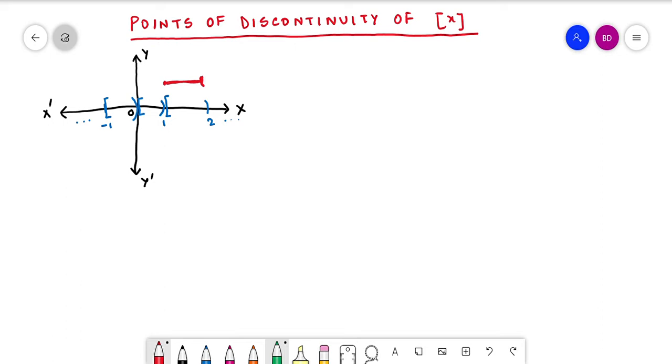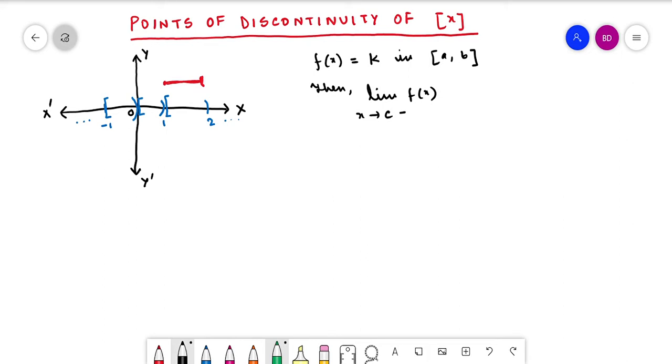One important concept we will need to calculate the discontinuity of box x. I hope you remember this, that if you have a constant function, say a function f(x) has a constant value k in some interval (a, b), then if I want to calculate the left hand limit of the function as x tends to c from the left, where c lies between a and b, then that value is k.